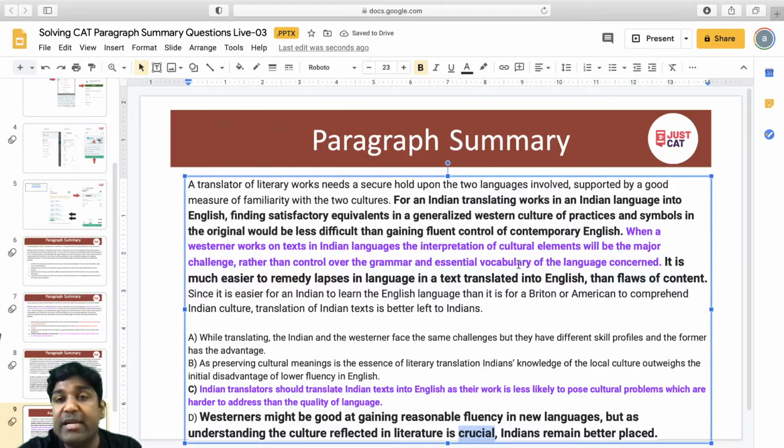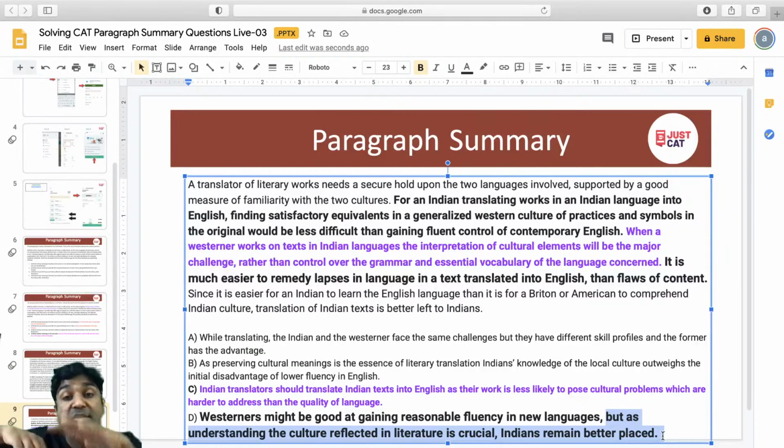We said that it is easier to remedy language problems in the language, but there is a but: understanding the culture reflected may be crucial. It is crucial. This is not the idea. We said that Indians will be able to do it because for Indians, understanding the Western culture will be easier than understanding the English language.